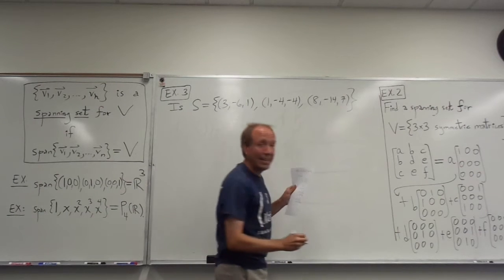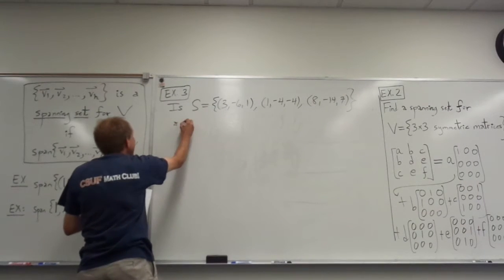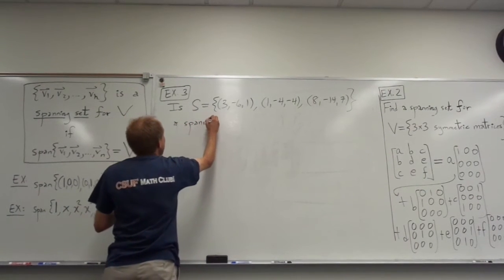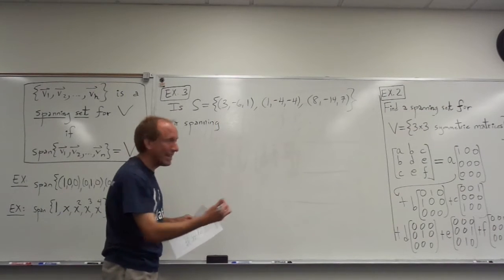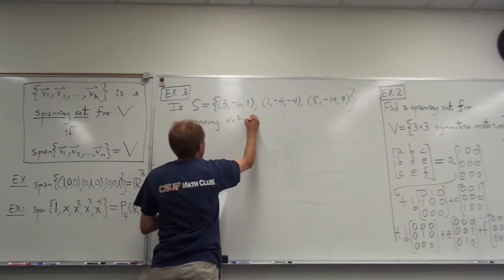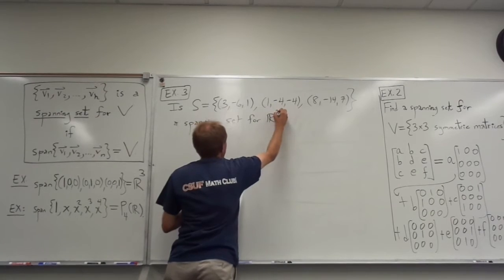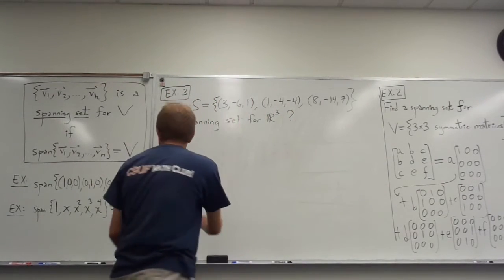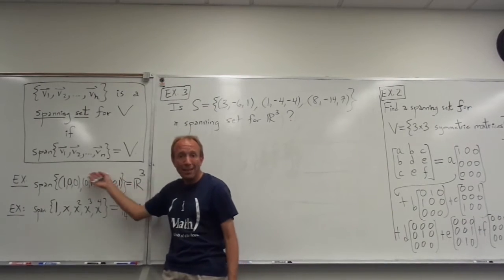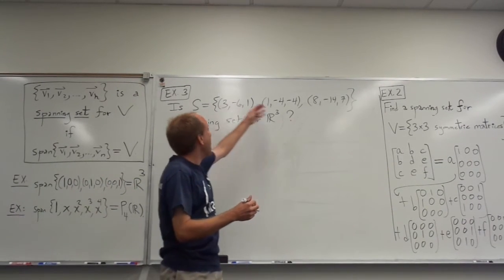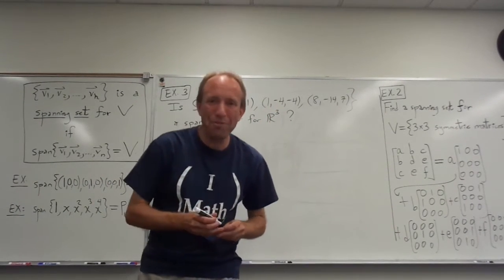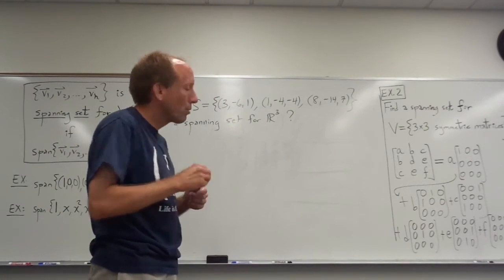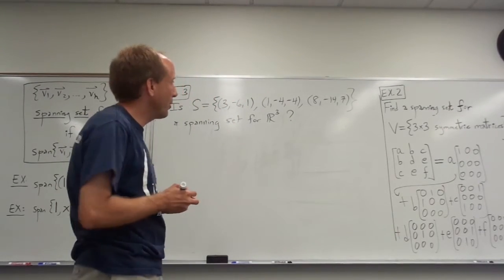Is that set a spanning set for R3? So this is another question we could ask. There's lots of spanning sets for R3. This one is pretty obvious over here, right? This one, I cannot just look at and tell you if it's going to be a spanning set or not. We're going to have to do a little bit of work to figure that out.